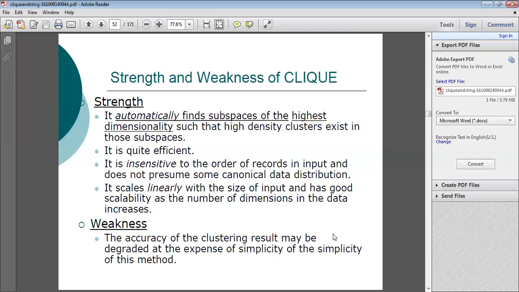It is quite efficient and it scales linearly with the size of input and has good scalability as the number of dimensions in the data increases. As we know, in the real world we have a limitation in representing data in more than three-dimensional space.